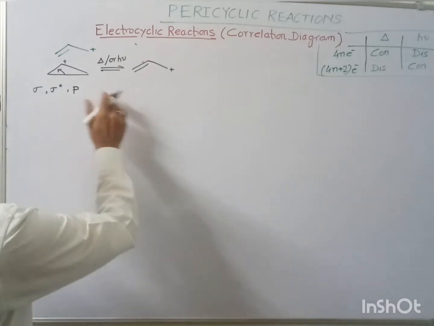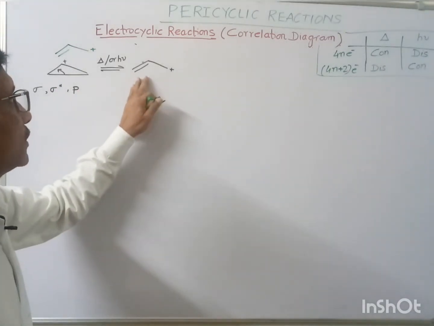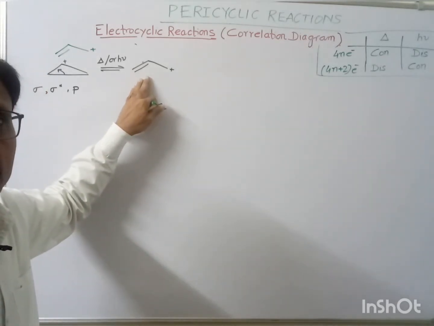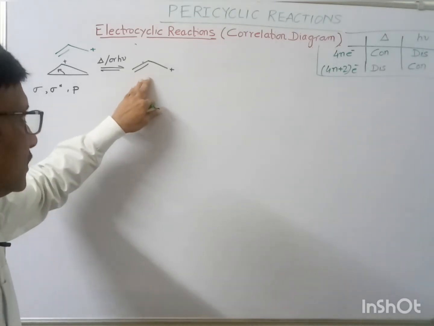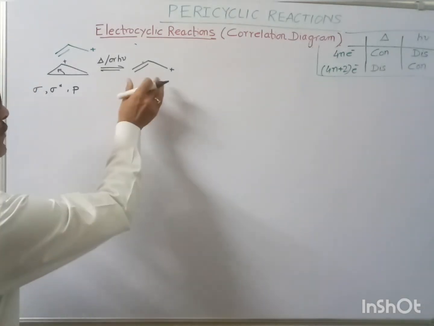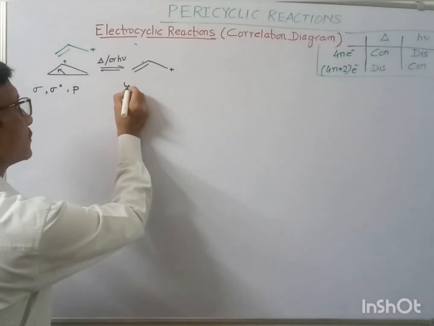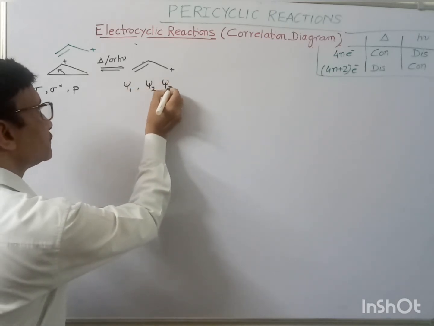In the same way, if you see the molecular orbitals for this allylic cation, I have already discussed the molecular orbital diagram for the allylic systems, in which it has 3 molecular orbitals that can be designated as psi1, psi2 and psi3.